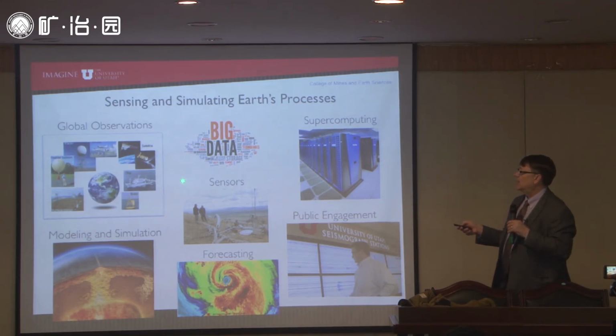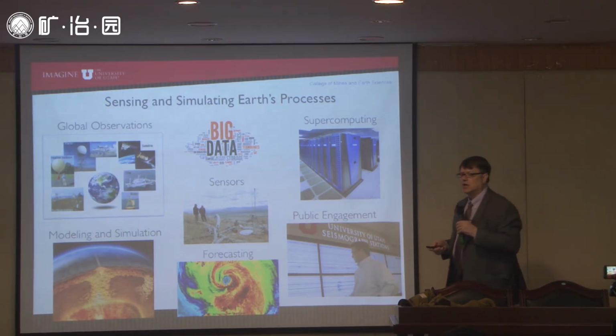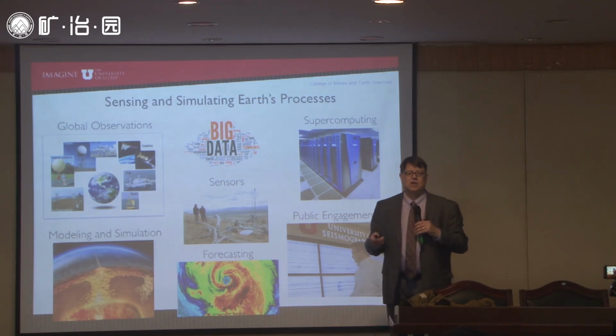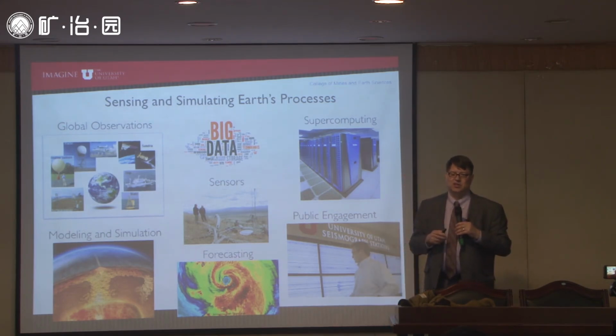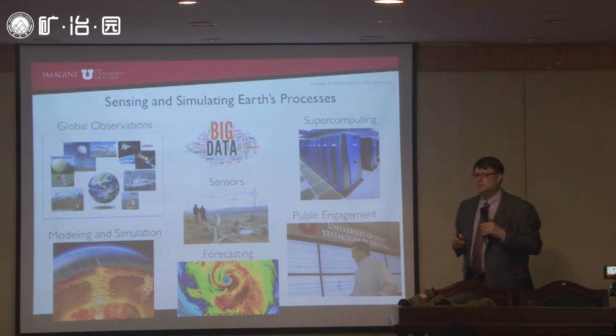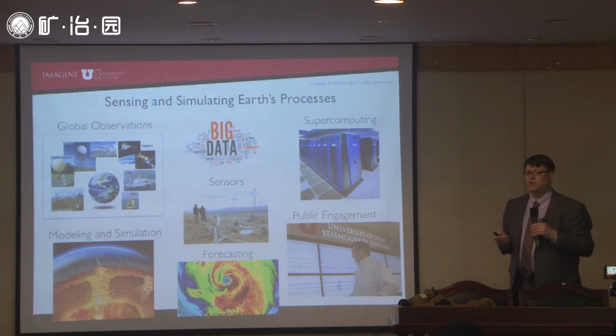Because we're so data intensive, big data is very important, and therefore we do a lot of supercomputing work. If you like computational work, the University of Utah has a large high-performance computing center. A lot of universities in the US have stopped doing that, but we've retained our high-performance computing capability because it's so important to our university.